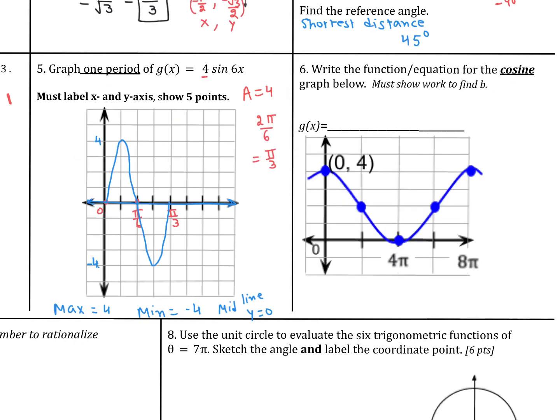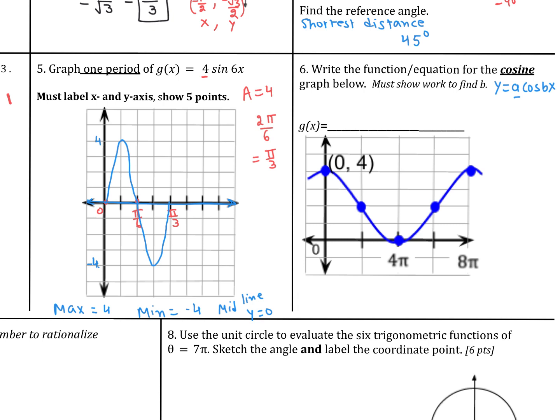For number 6, you're going to write the equation of the graph. It seems like we have as our equation a cosine bx. First of all, we need to know the height of the graph, that is a.